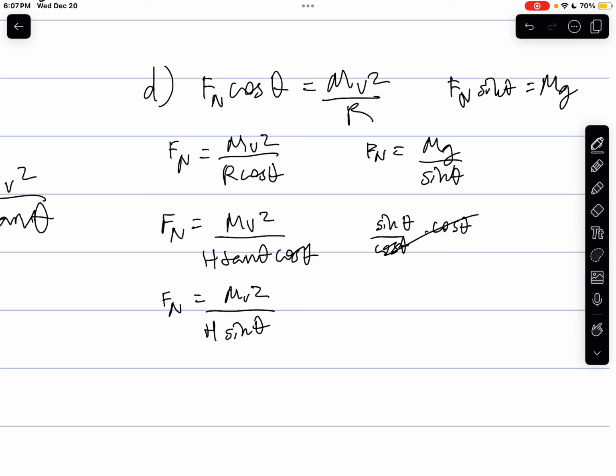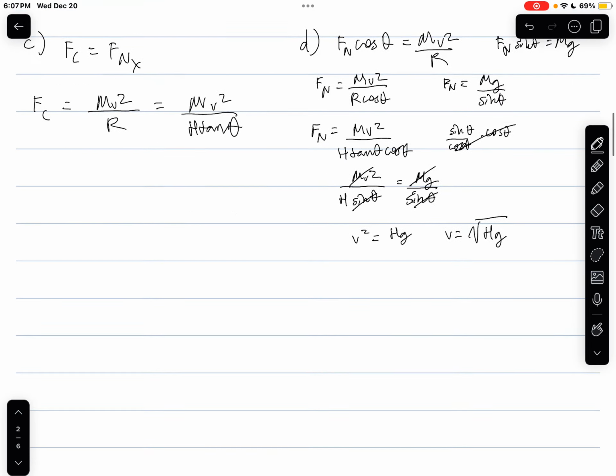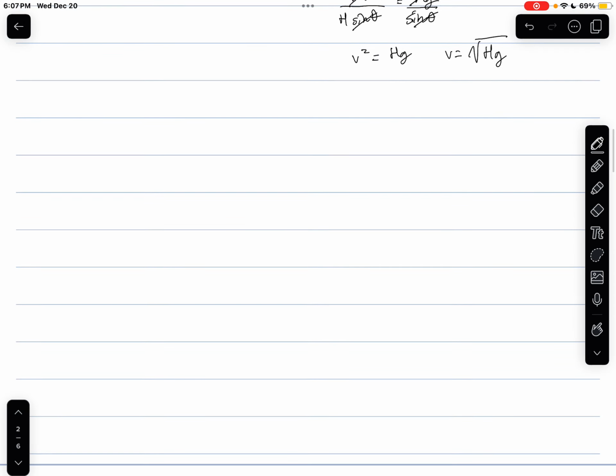And now I'm going to set this equal to mg over sine of theta because they're both equal to Fn. So then the m cancels out, the sine of theta cancels out. So you're just left with v squared equals hg. So then v is just going to be the square root of hg.